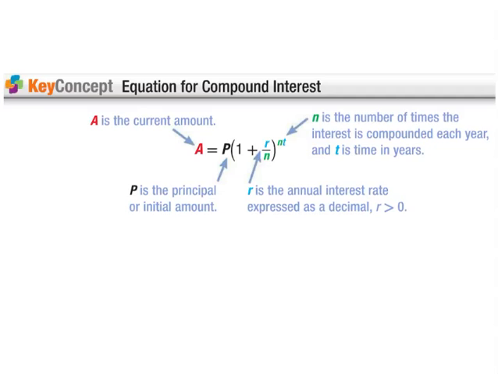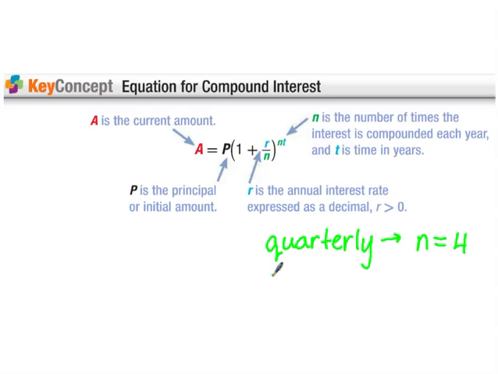So for example, if I'm going to compound things quarterly, as with your savings accounts, that means how many times a year? 4. Think about it in terms of your grades. How many quarters do we have? First quarter, second quarter, third quarter, fourth quarter. So N in that case would be 4.